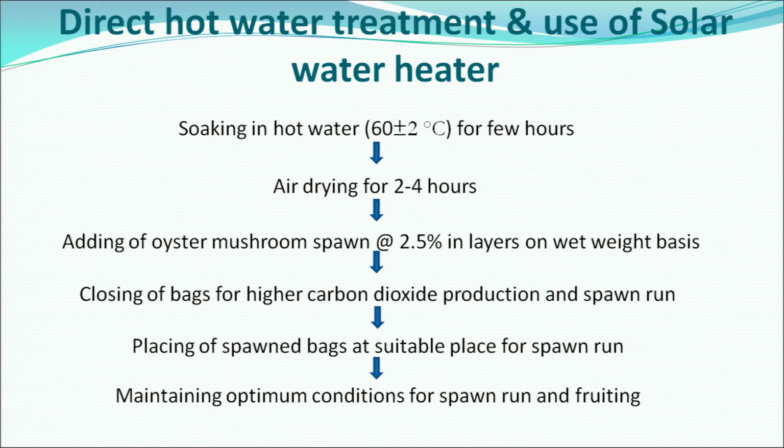Then adding oyster mushroom spawn, again it should be added in layers, that is the best way, and then closing the bags will again help in maintaining CO2 level and spawn run. Then placing the spawned bag at a suitable place, and maintaining optimum conditions for spawn run and fruiting.